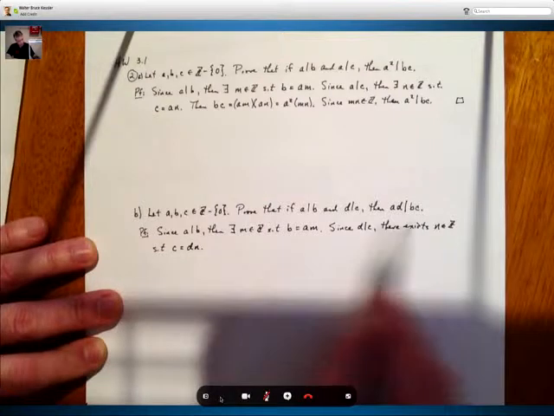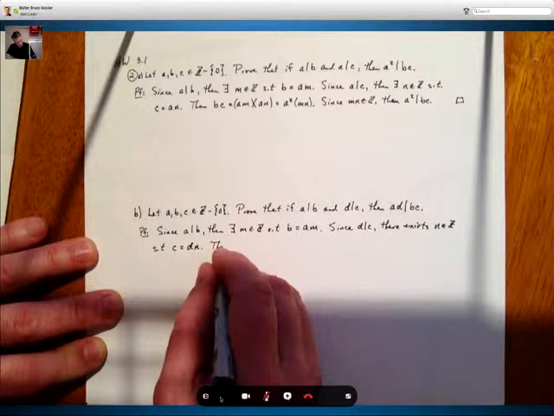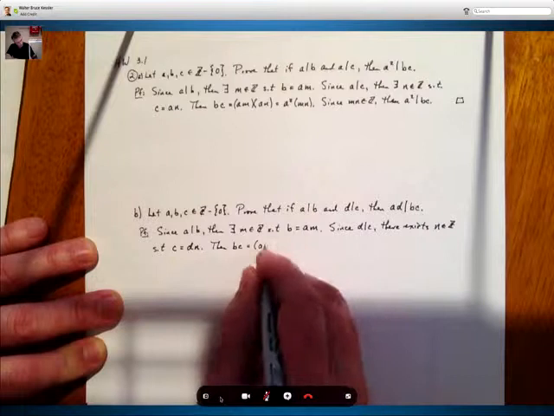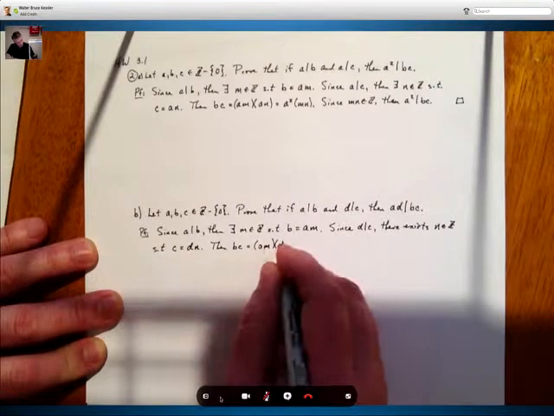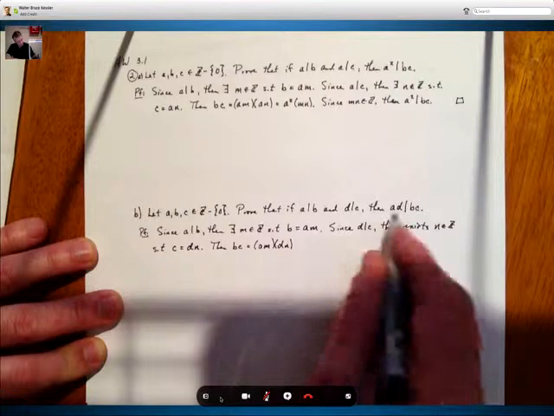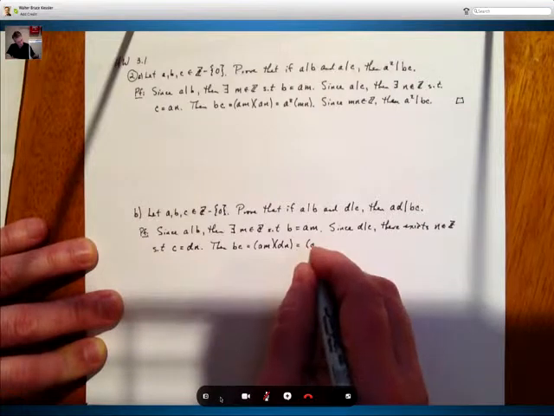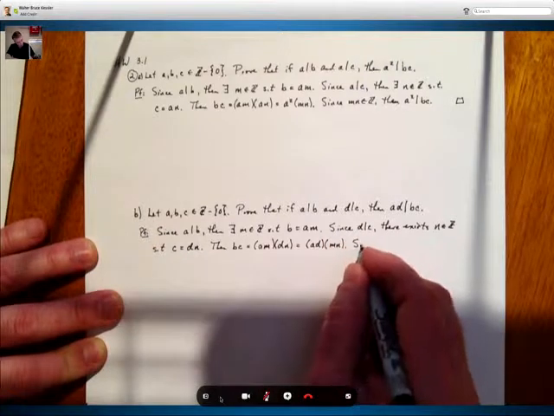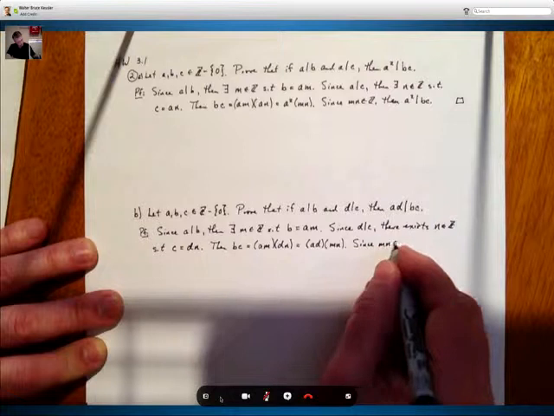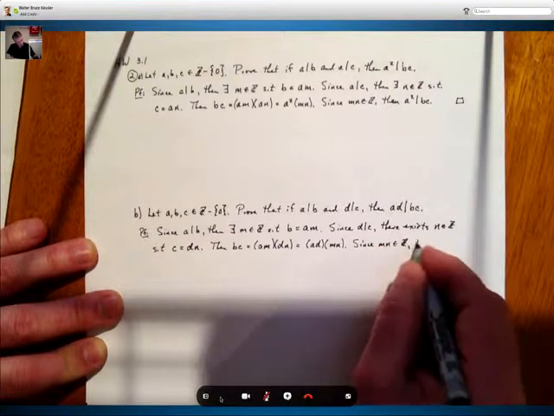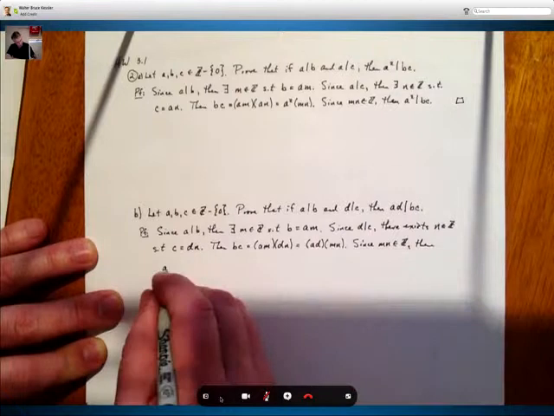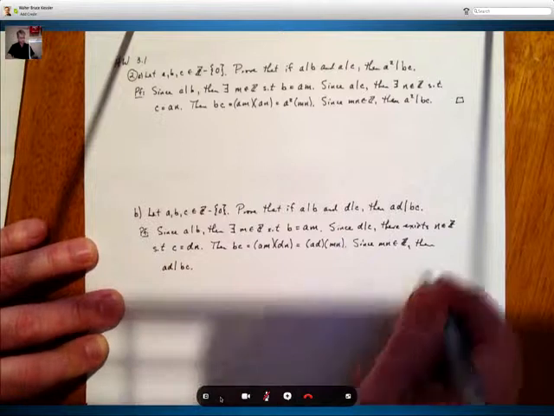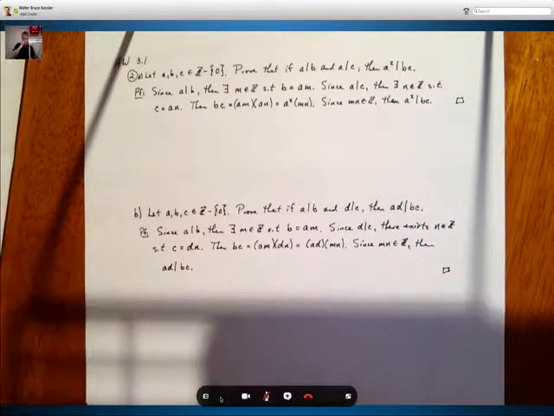And now we're actually looking at bc again, right? am times dn, and I want to pull out the ad there. So since mn is an integer, then ad divides bc. Okay.